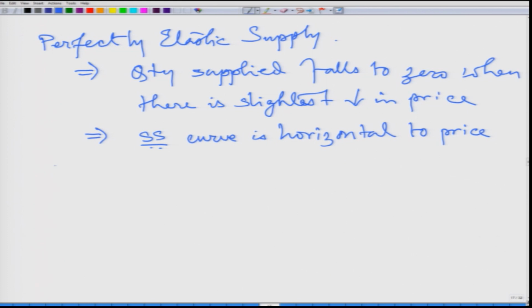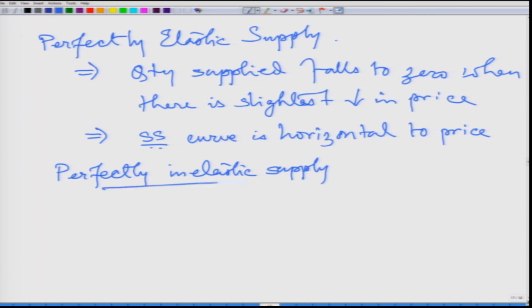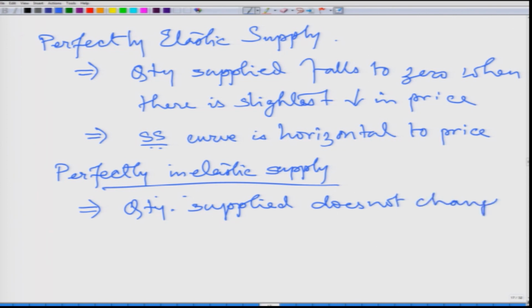Next is perfectly inelastic supply. In perfectly inelastic supply, quantity supplied doesn't change with change in price, and the curve is vertical to price.